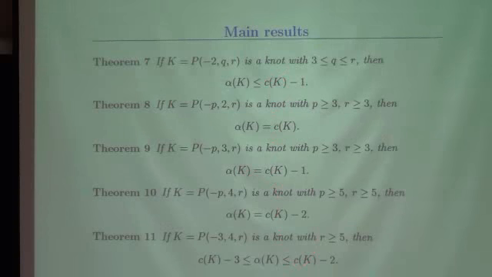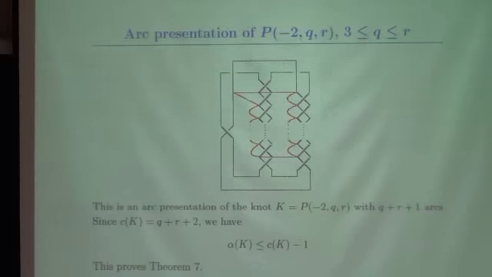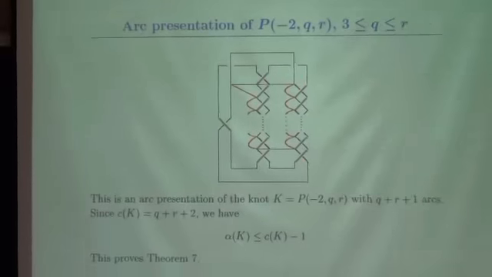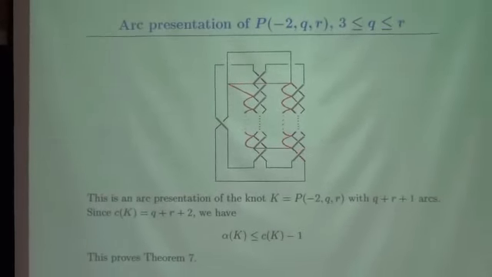For the upper bounds of the arc index, we construct a diagram with this axis. So this is a case of minus 2, Q, R. Here you have two negative crossings, and you have Q right-handed crossings and R right-handed crossings.